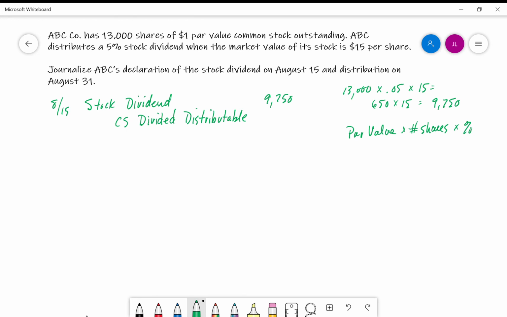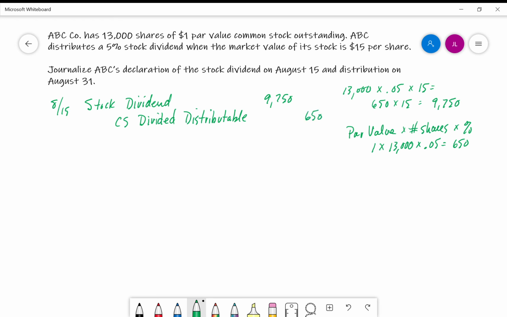So our par value is $1. We have 13,000 shares outstanding, and we're looking at a 5% stock dividend. So we're looking at $1 times 13,000 times 0.05, which means 650. So our common stock dividend distributable amounts to 650 here.